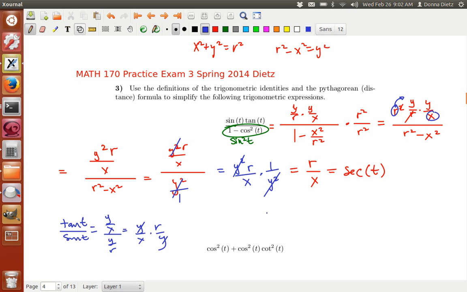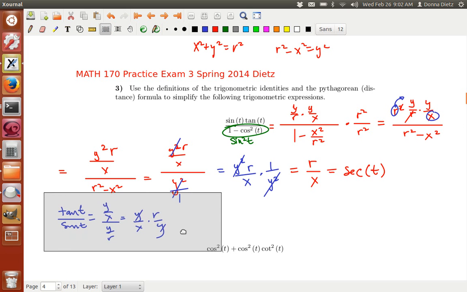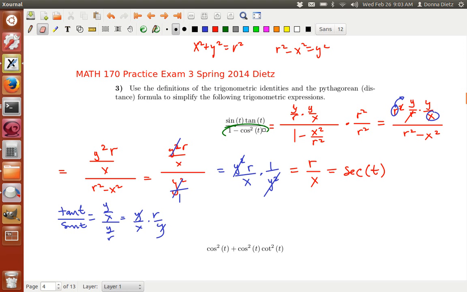You're still going to end up with r over x, but it would save you some work. So you have two paths, or more, but at least two paths to the correct answer. The red is explaining how you can do it with memorizing the minimal amount of information. But if you happen to already know this fact about 1 minus cosine squared being sine squared, then you can save yourself a couple steps in the process.